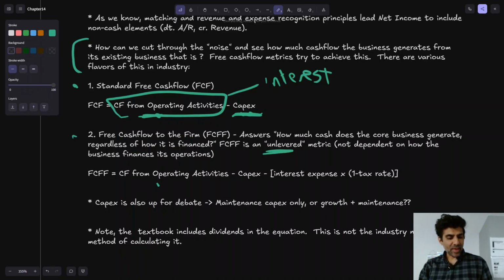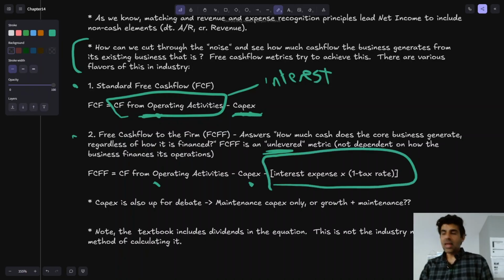It's basically the same cash flow from operating activities minus capex, but now you're taking in the interest expense and adjusting it for how much cash flow that represented. Because this little one minus tax rate is because interest is tax deductible, you have to do an adjustment to get back to the actual cash flow generated. Okay, so now you have this free cash flow to the firm, which is now adjusted for the financing.